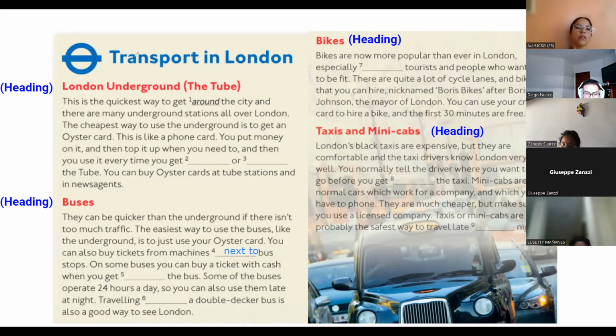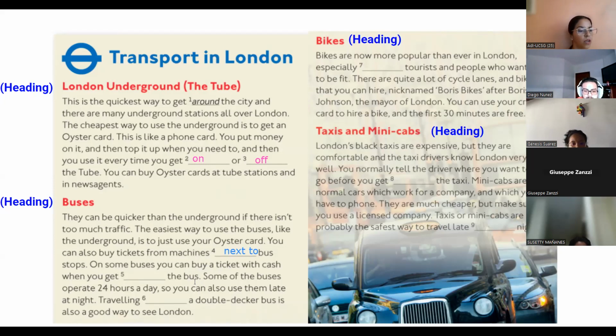Let me see. Get on. Get on. Yeah. Get off. Yeah. Okay, 5. On some buses, you can buy a ticket with cash when you get the bus.